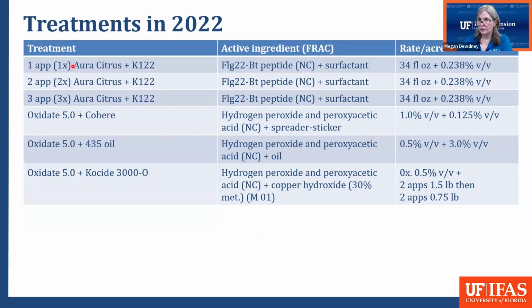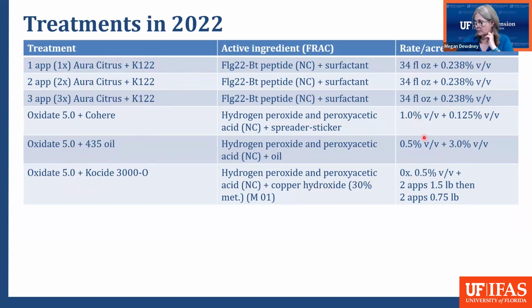And we looked at another new product called Aura Citrus. I don't know if they've got greasy spot on the label, but we did try it. 1, 2, or 3 applications with their proprietary surfactant K122, at 34 ounces per acre. And then Oxidate with Cohere, Oxidate with 435 oil, Oxidate and copper, looking at different levels or quantities of Oxidate.